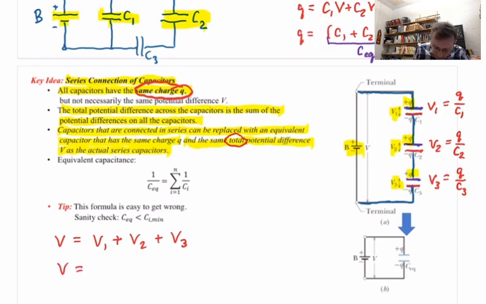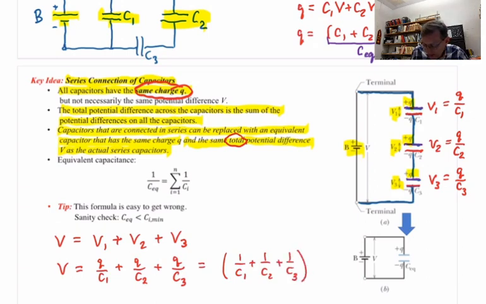But then for V1, I'll replace it with Q over C1. And for V2, I'll replace it with Q over C2. And for V3, I replace it with Q over C3. But they have the same Q. So I'm going to factor. I'm going to write this as 1 over C1 plus 1 over C2 plus 1 over C3, all times Q.